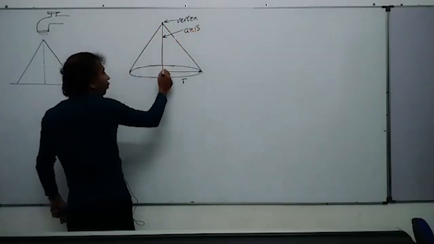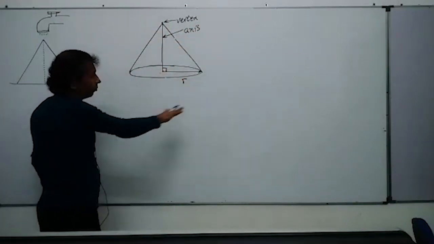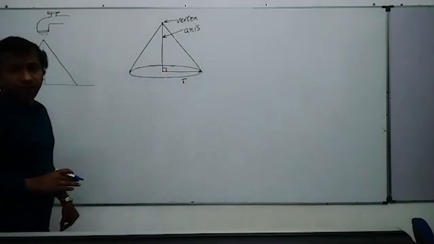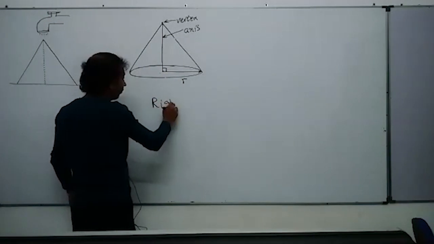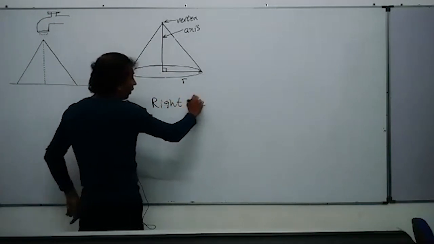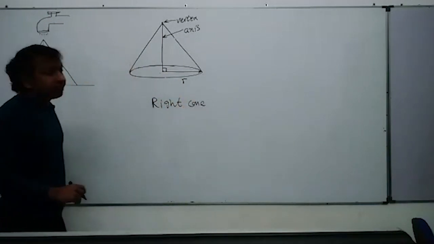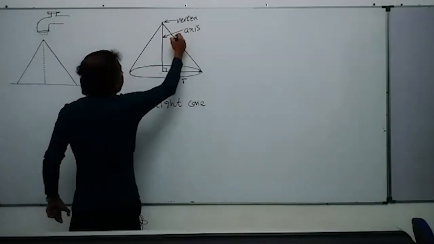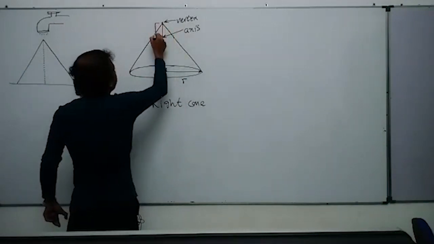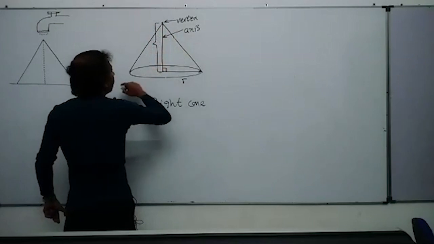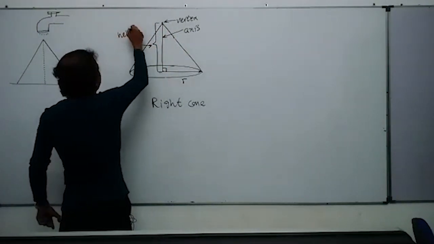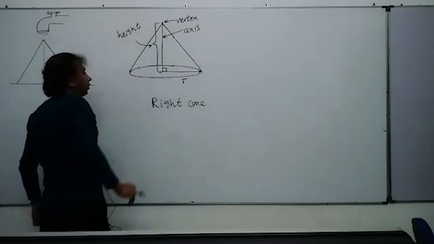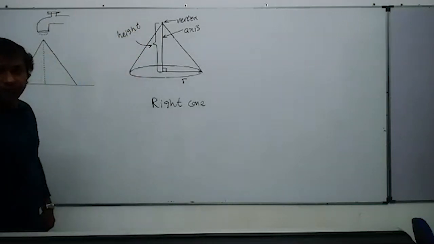And if this axis is perpendicular to the base, such a cone is called a right cone. The length of the axis is called the height of the cone.